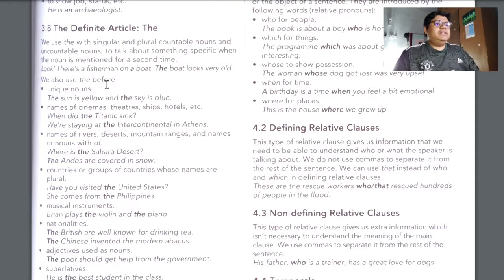Okay, so ini function utama. Okay, the dekat sini sama macam elephant, cerita elephant tadi. Maksudnya kita menggantikan artikel a atau an, kalau noun tersebut diulangi dalam ayat yang sama. Contohnya kat sinilah.